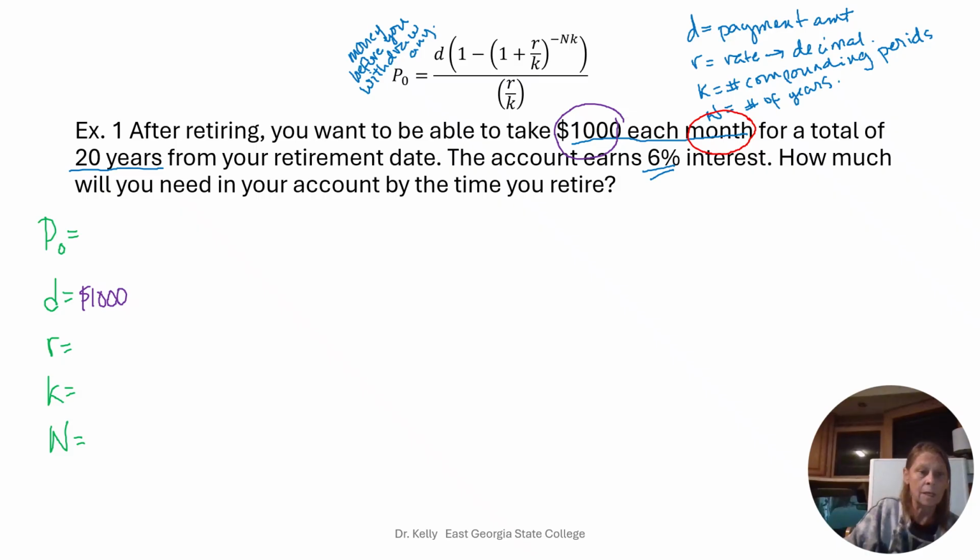So that means K is equal to 12. We're going to do that for 20 years. And at 6% interest. And remember, you've got 6%, but we need to turn that into its decimal form because we can't do any computations when it still has the percent sign on it.